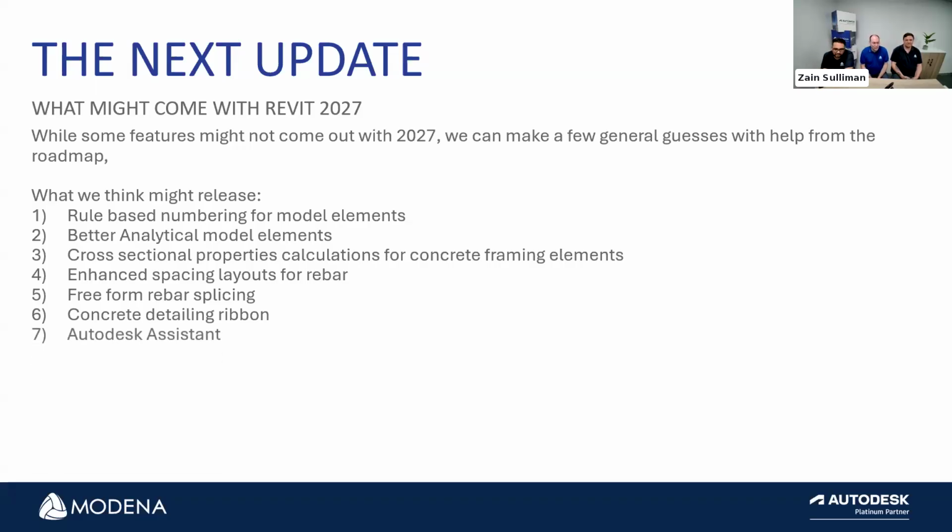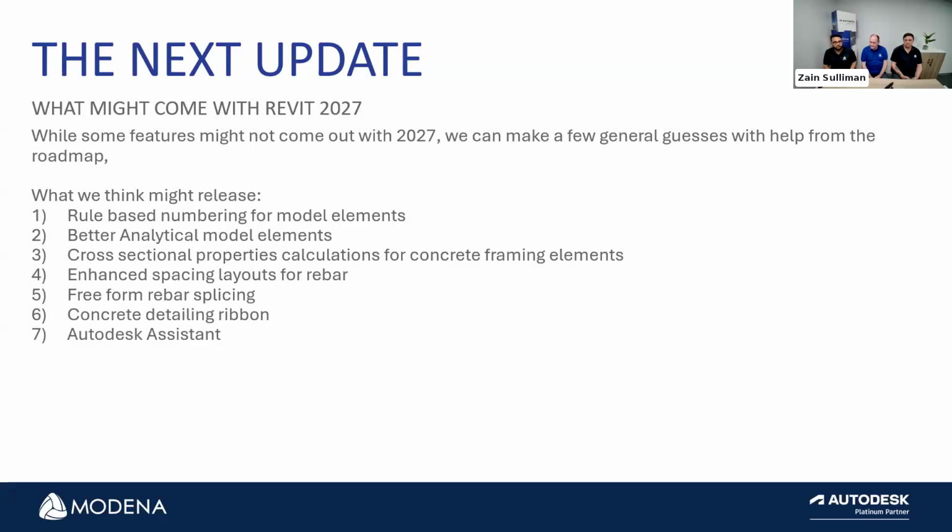And the last one, and the biggest one, I think, is going to be your Autodesk Assistant. Now, this might not come out this year. And for those of you who don't know, your Autodesk Assistant will be your AI agent. We cannot talk about the future without talking about AI. And an AI agent inside of your software, can you imagine the possibilities? But it depends on how it's released and how it works.